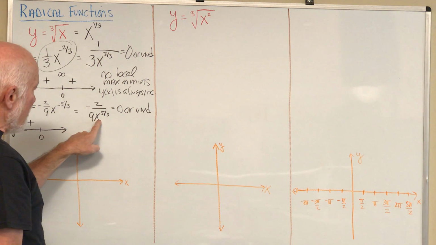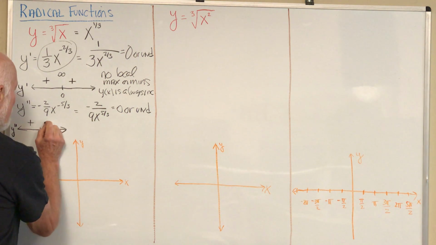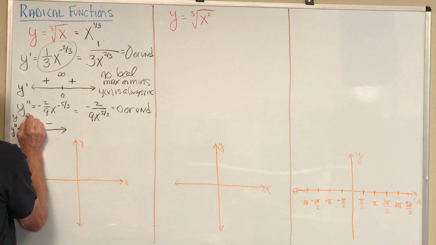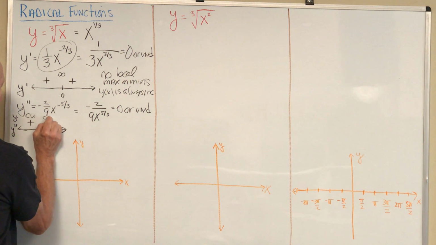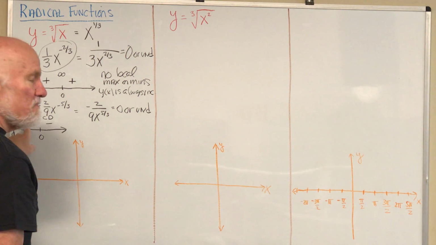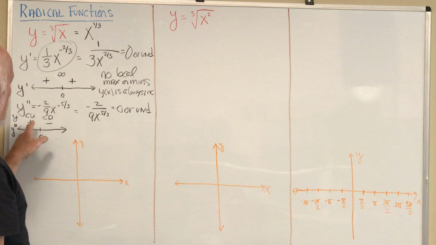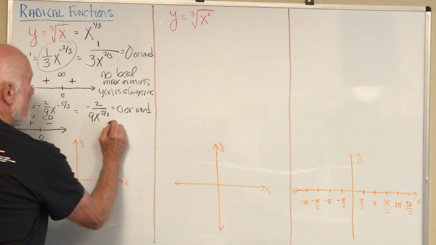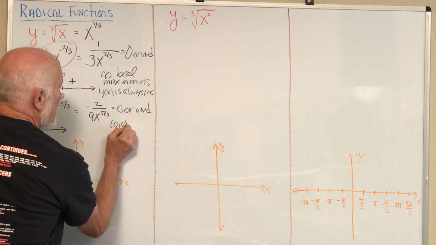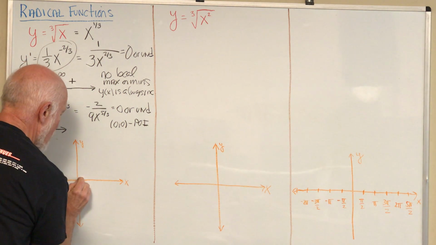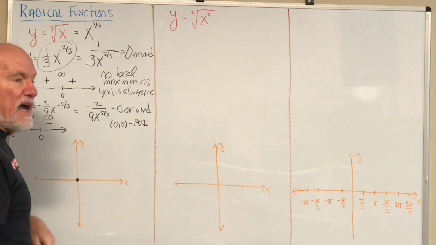But if I take a positive value of x, I'm going to get a negative derivative. So I see my function is going to go from concave up to concave down, because the second derivative is going from positive to negative. So we do have, at (0, 0), a point of inflection. And that turns out to be the only important point on this graph.